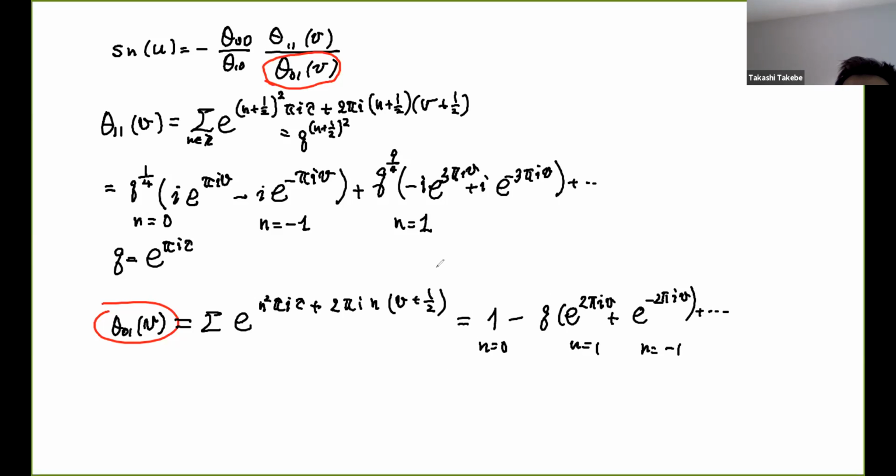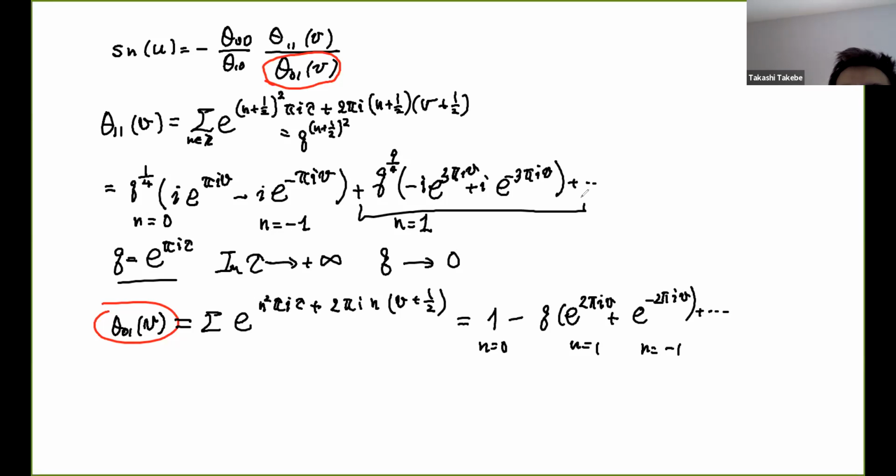So when tau, or the imaginary part of tau, goes to plus infinity, q converges to 0, and this part converges faster than this.